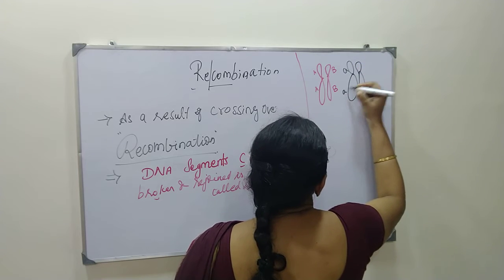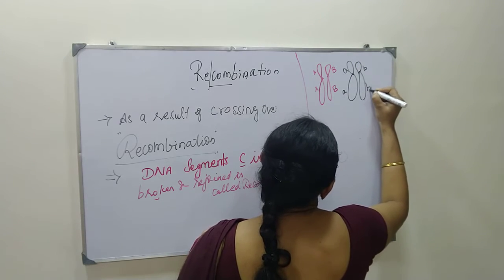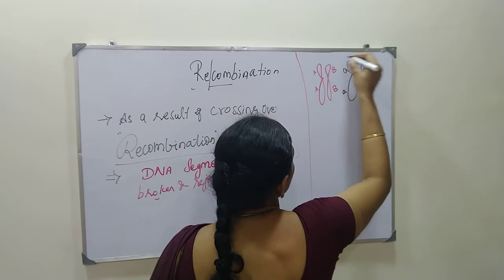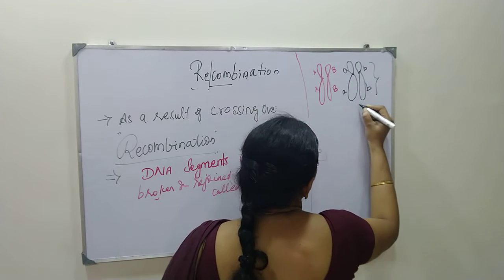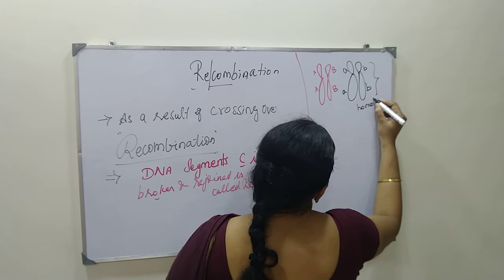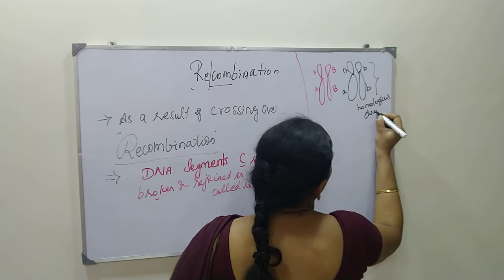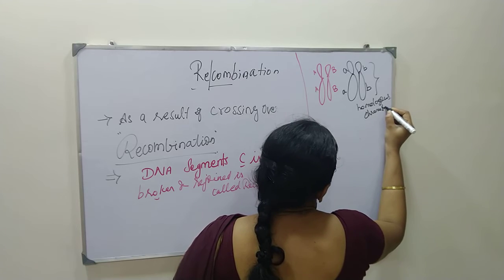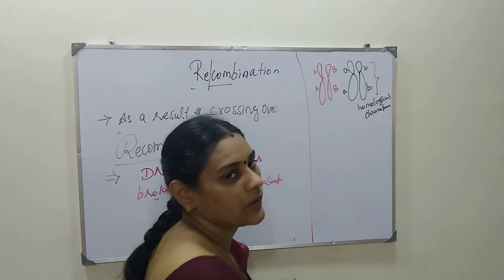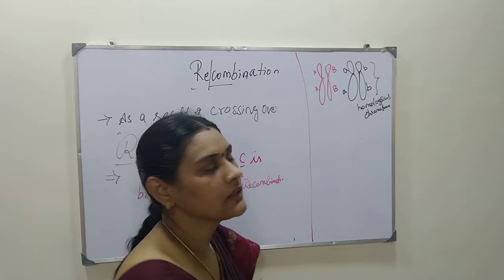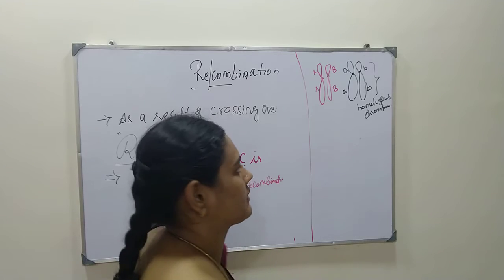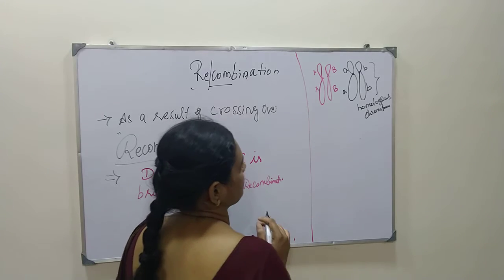Small a, small a, small b, small b. These two are the homologous chromosomes. What is a homologous chromosome? I have explained it many times in our online classes. Now here the crossing over takes place. We'll see it first.